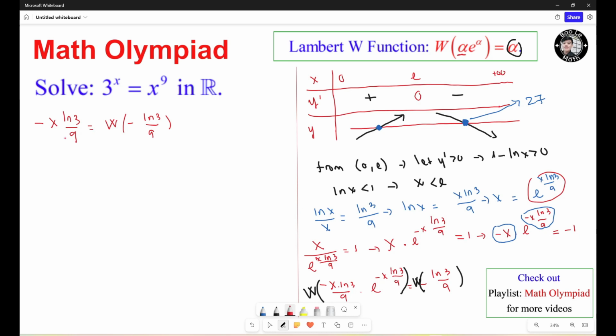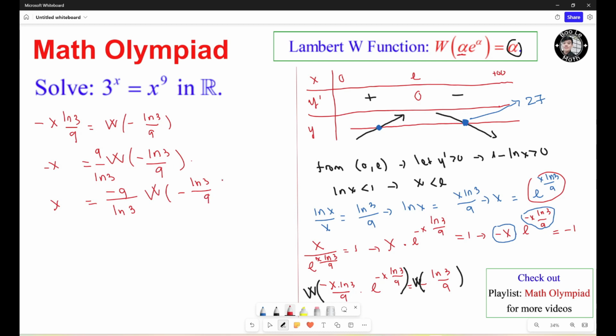Alright, so we're going to divide both sides by natural log of 3 over 9. So it turns out to be s equals W of negative natural log of 3 over 9 times 9 over natural log of 3. And then you multiply both sides by negative 1. So it will be s equals negative 9 over natural log of 3 times W of negative natural log of 3 over 9.